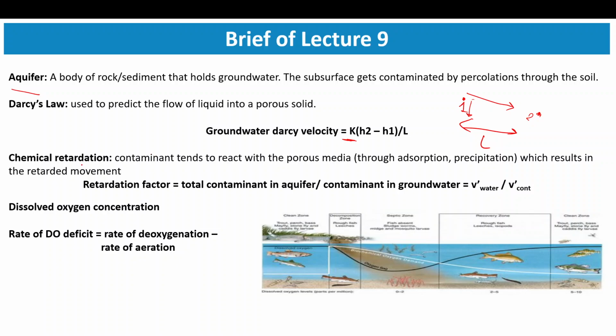Okay, so that causes the concentration reduction over the length of the aquifer, and that is termed as chemical retardation. Now, chemical retardation depends on the contaminant. It is defined as the ratio of contaminant concentration in the aquifer to the contaminant in groundwater. So obviously that depends on the velocities, which is defined as the ratio of velocity.